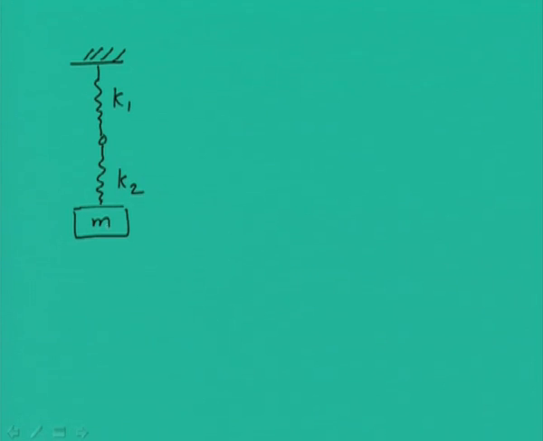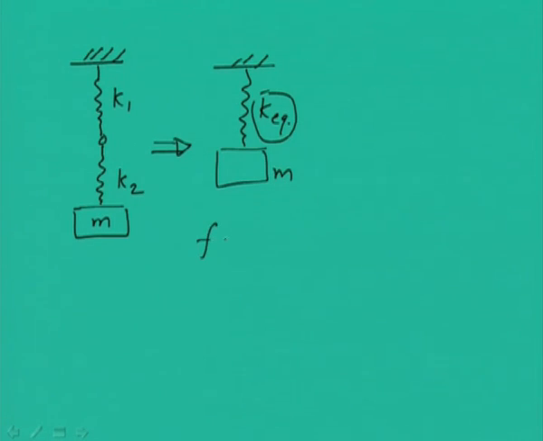If we want to obtain the natural frequency of this system, what we can do is find an equivalent stiffness and mass, and if we can obtain this equivalent stiffness, this particular relation which we derived earlier can be used.